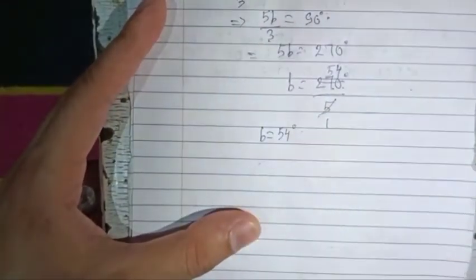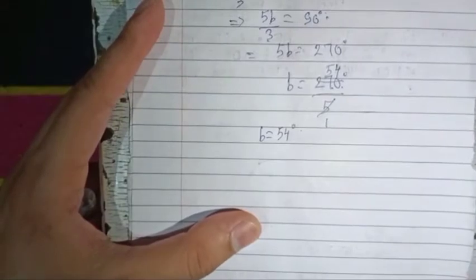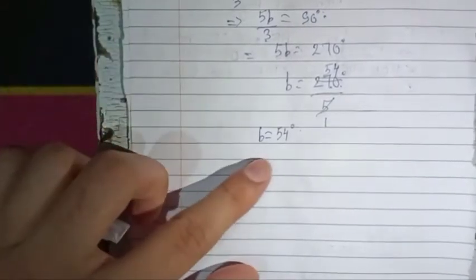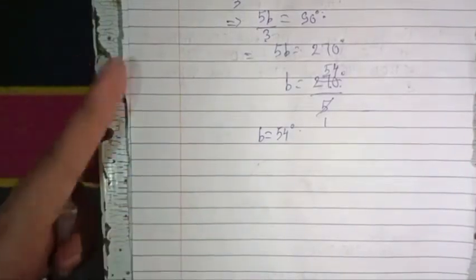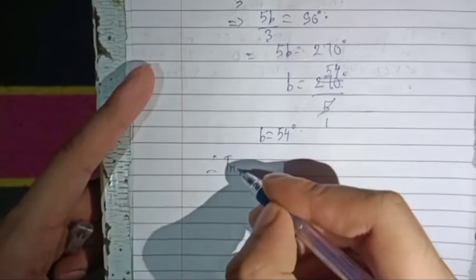Angle B here is 54 degrees, and with the help of the value of B we can easily find the value of A from equation first.